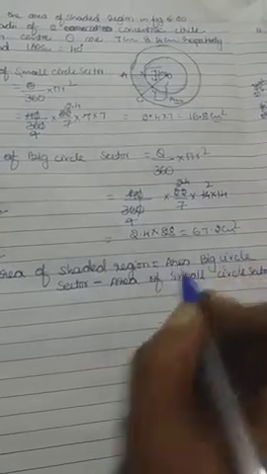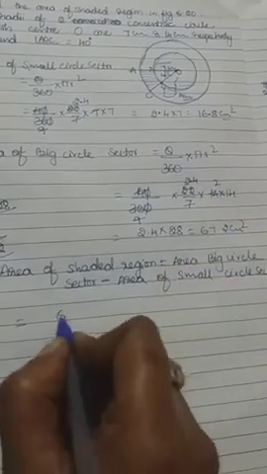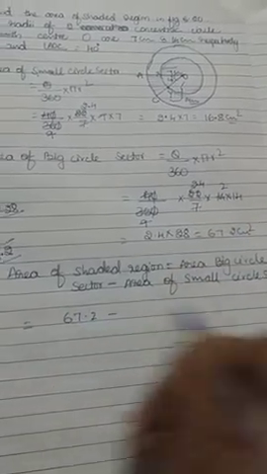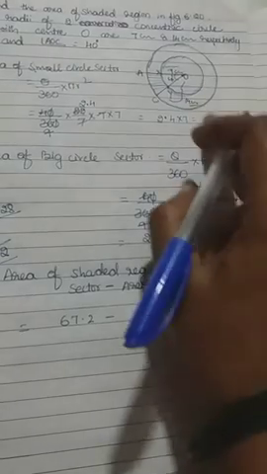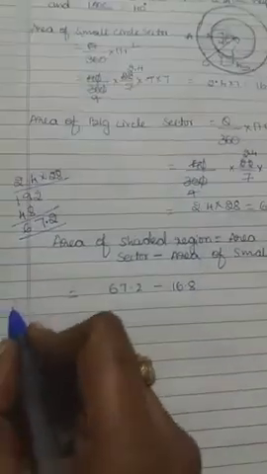Hope you will understand. The area of the big circle sector is 67.2 minus the area of the small circle sector, 16.8. So let's do the subtraction now.